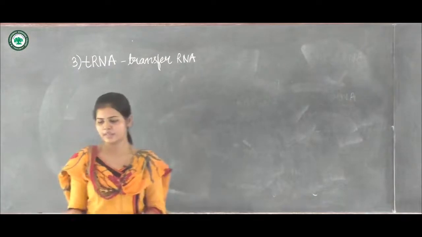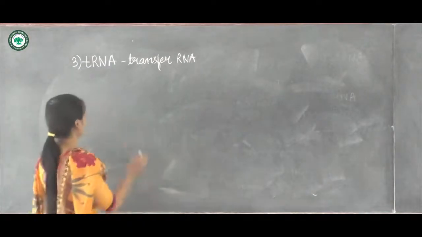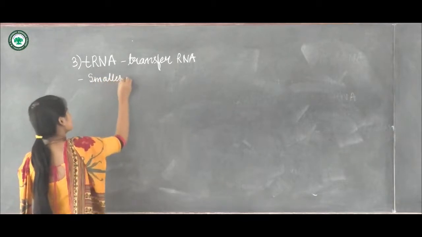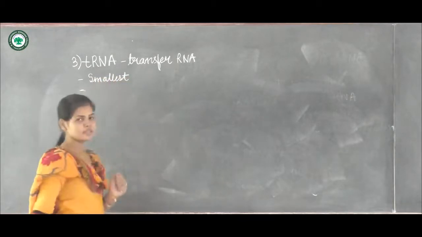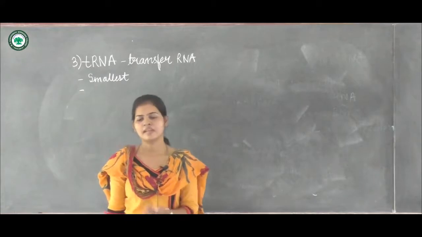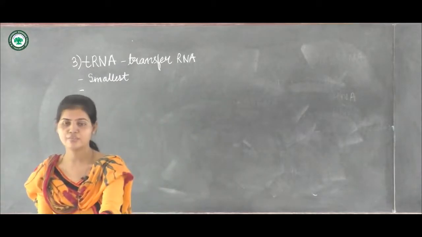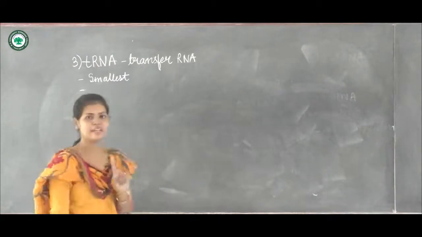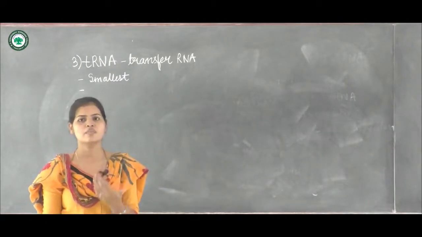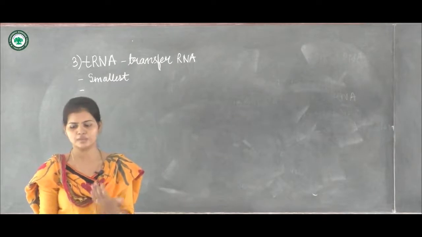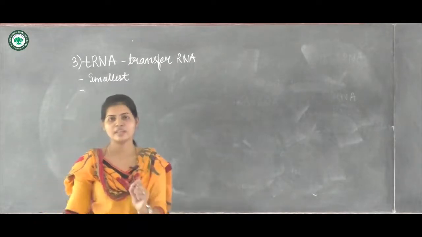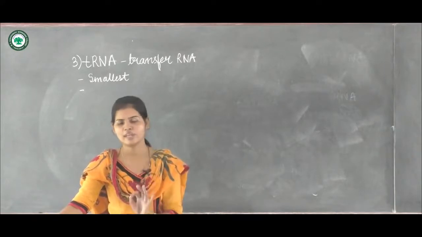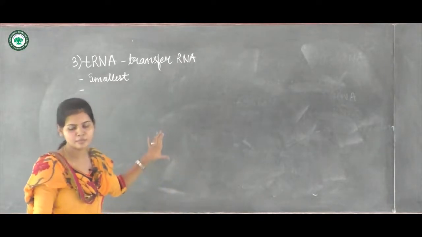Now this tRNA is the smallest of all. There are different types of tRNA present in a cell. One type of tRNA binds specifically to one amino acid that occurs in a protein.